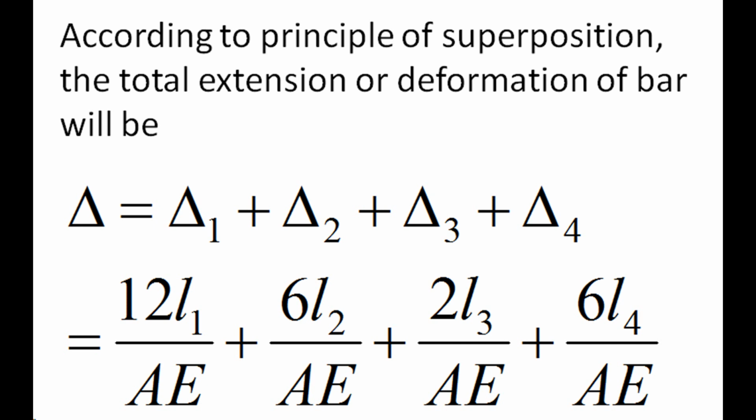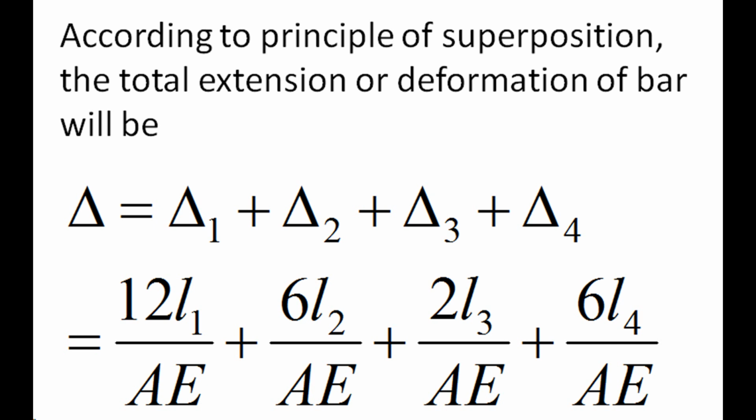Delta 1 is the extension for section 1, delta 2 is the extension for section 2, delta 3 is the extension for section 3, and delta 4 is the extension for section 4.